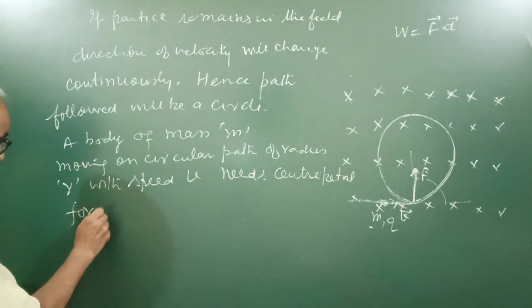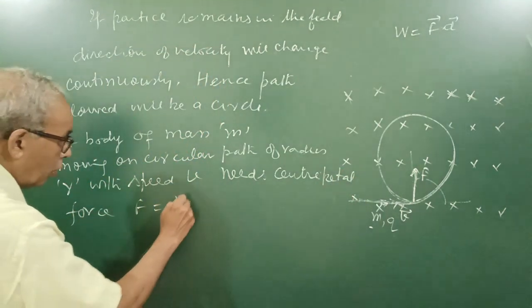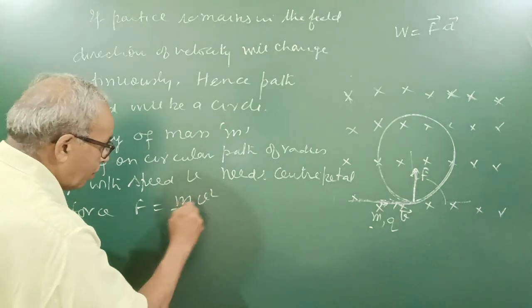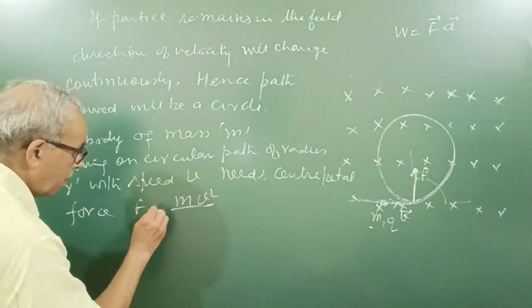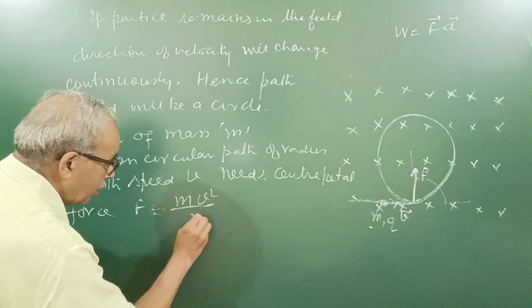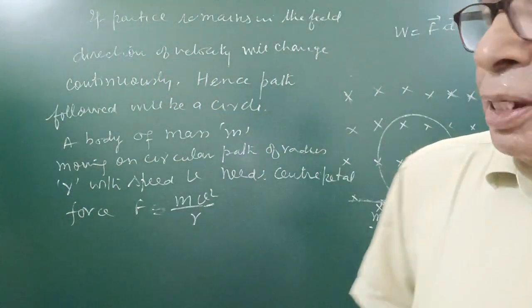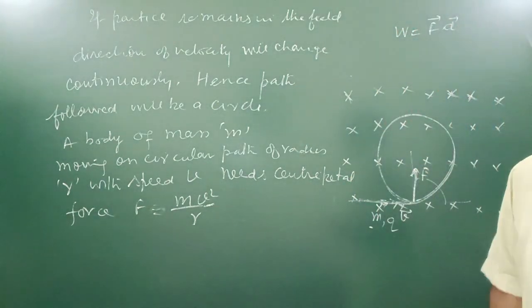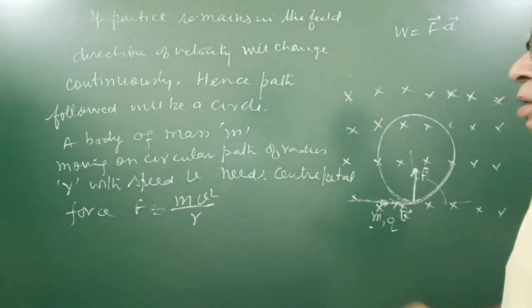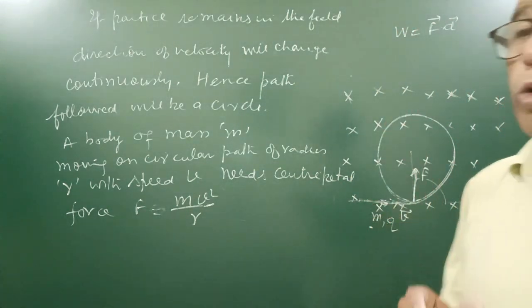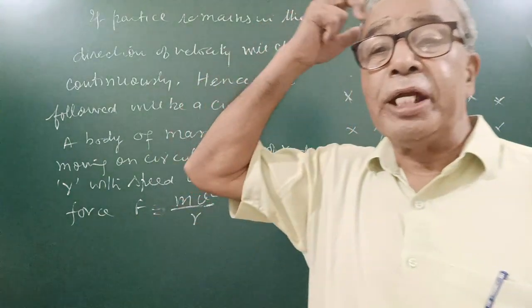Centripetal force F equal to mv squared by r. This centripetal force also is a great trouble for student learners. When a body moves on a circular path, it needs centripetal force.